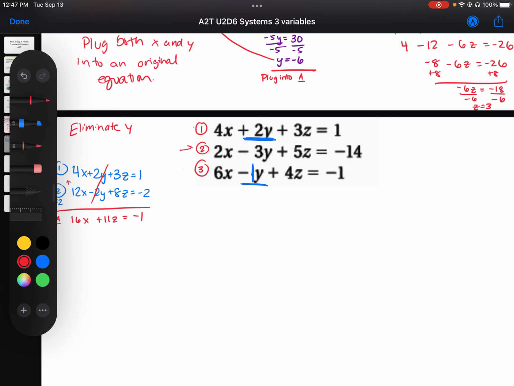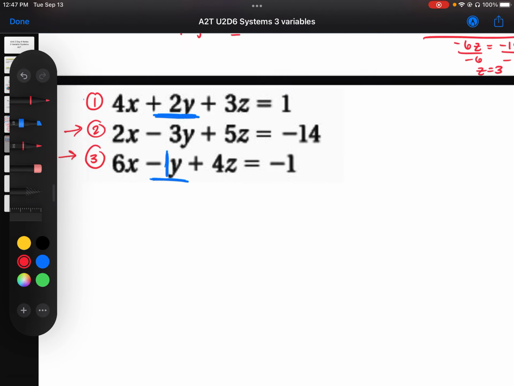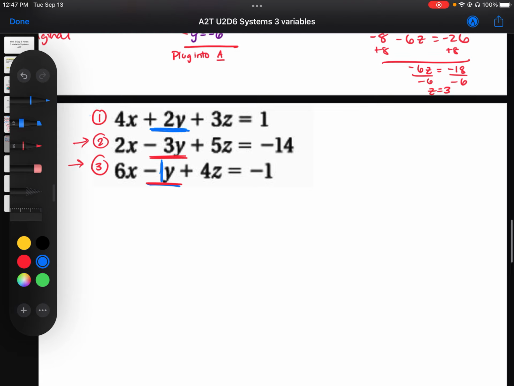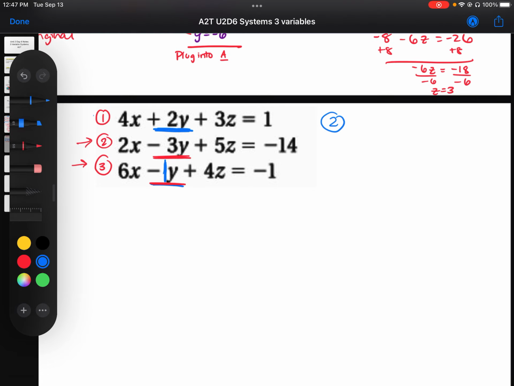So this time I'm looking at 2 and 3. If I were to add them right now, nothing would cancel. But could I get this -1y to become the opposite of -3y? To get to become a 3? Sure. I'd have to multiply by -3. So equation 2 will stay as is. 2x minus 3y plus 5z equals -14.